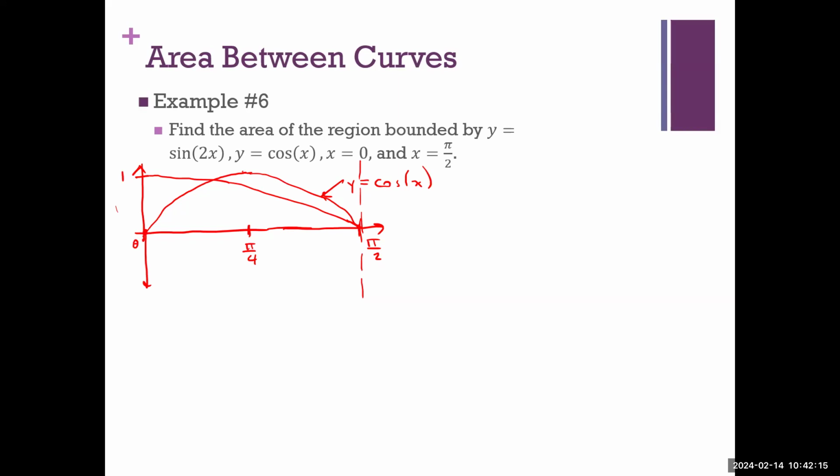What's it going to look like? There has to be 2 integrals, because what's happening here cannot be described by the same integral as what happens over here. So yeah, we're going to have 2 integrals.